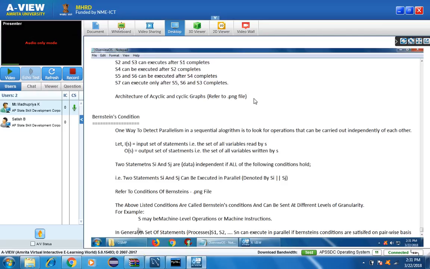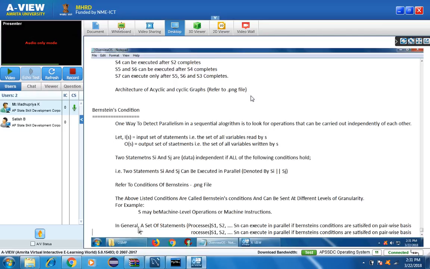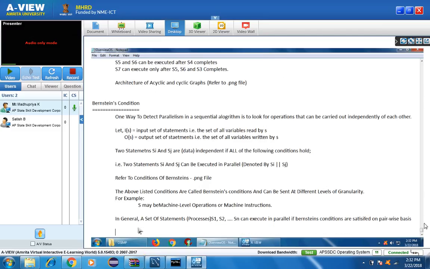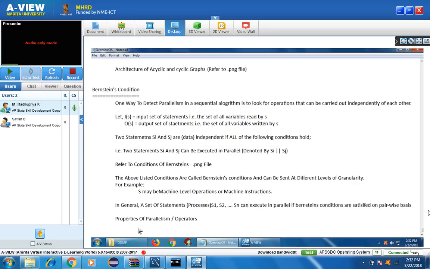Okay. Now, how do you proceed? So now you can say properties of the parallelism operator. First, if Si parallelly executes Sj, then it implies Sj parallelly executes Si. And what is this called?